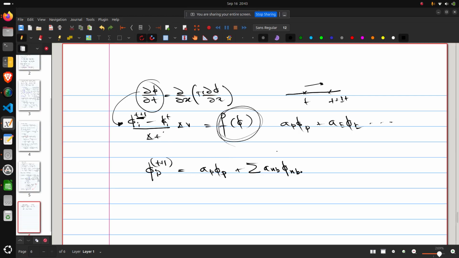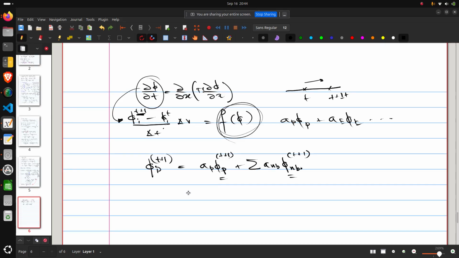Now if you take the values of the cell centers φ_P and the neighboring points at the same time step, that is the time step that you don't know, then what you will end up with is a system of linear equations, right?